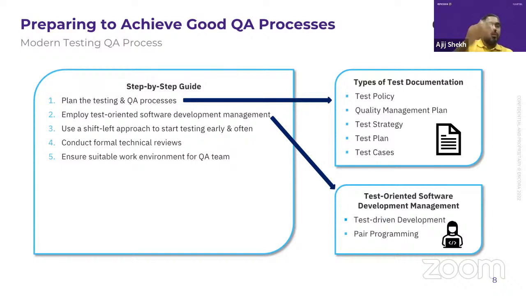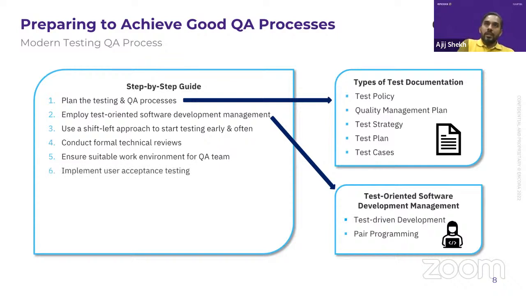We cannot wait for one or two months, because this is the modern QA process, not a traditional one. If any difficulty is found, we work with the developers, and if any blocker or critical issue is found, we ask them to fix it, and we can deliver the build to the client as a quality product. So this is a very important point, a suitable work environment for the QA team.